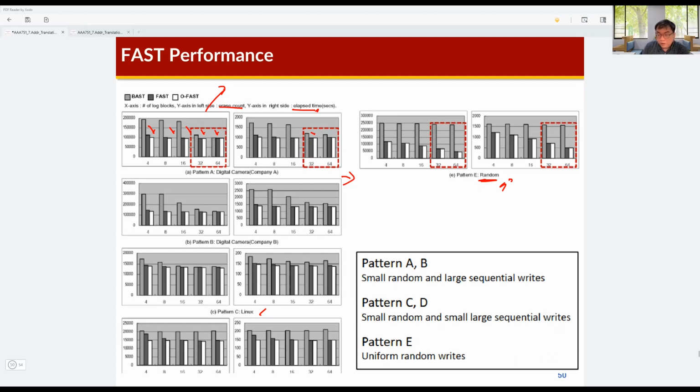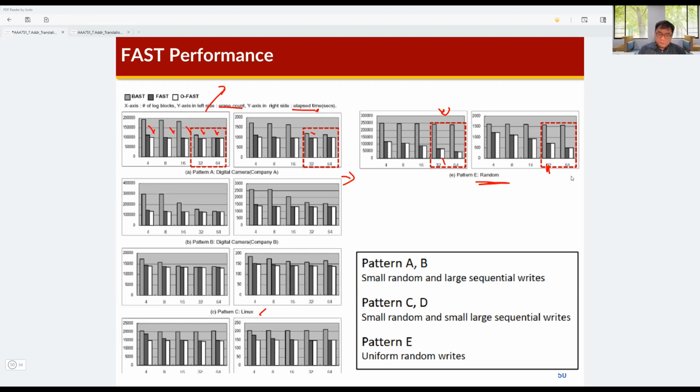You can see that for these random write patterns, the performance of FAST is much better than the performance of BAST. As you can see, the erase count is dramatically reduced, and the performance is also improved for random write.